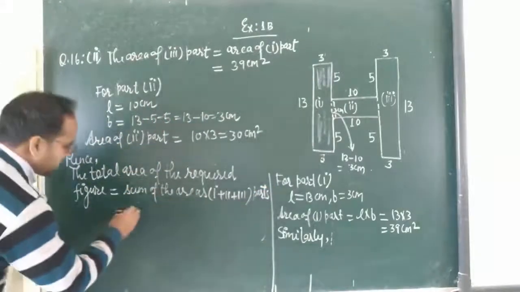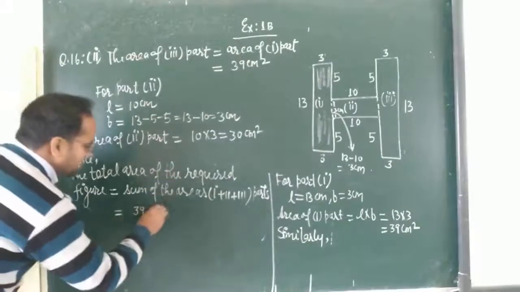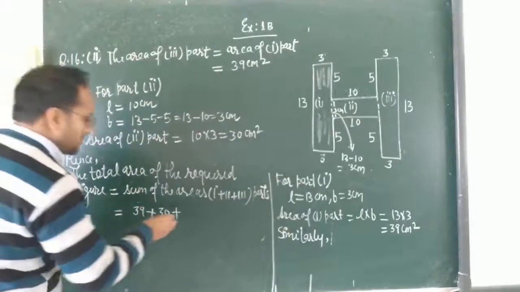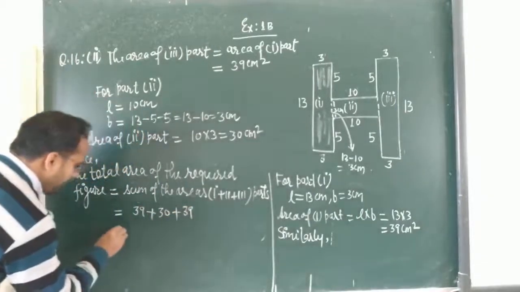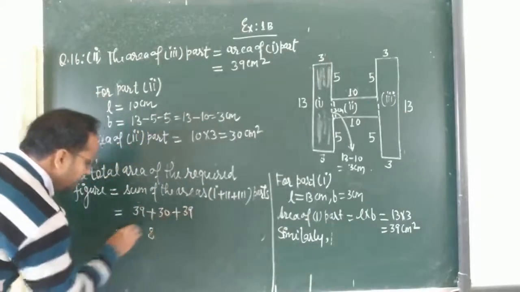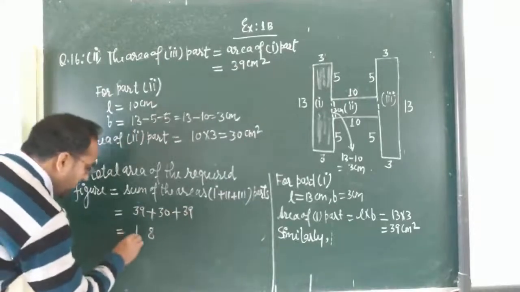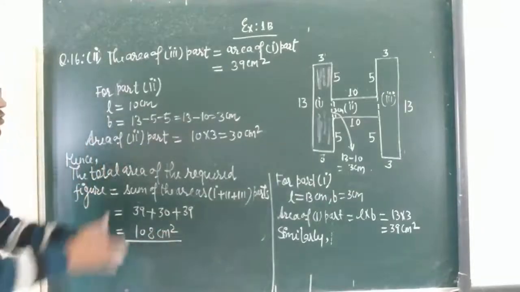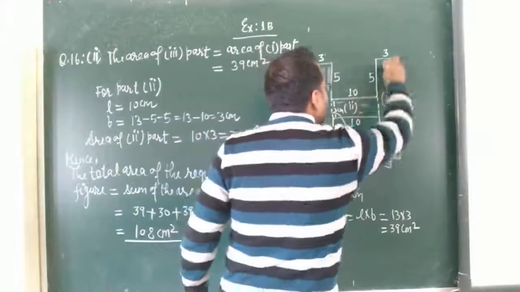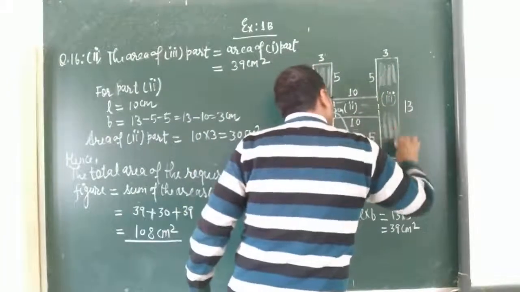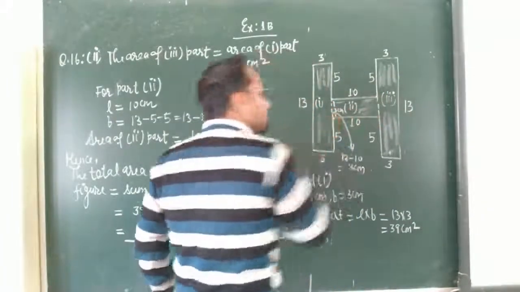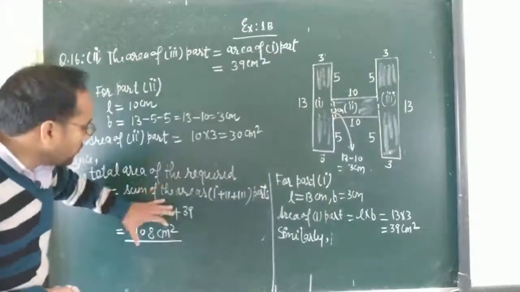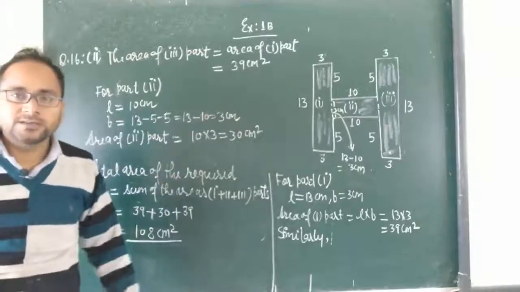The area of the first part is 90, the second part is 30, and the third part is also 90. If you add these, you get 210 centimeter square as the total area of this required figure.